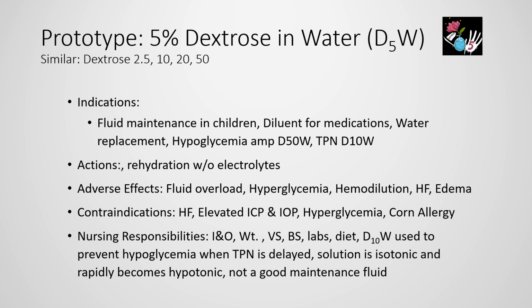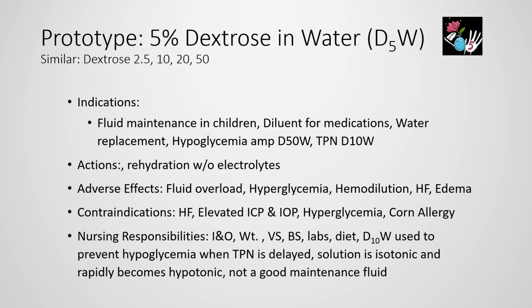So the next one is 5% dextrose in water. So sugary water, 5%. You can make it more concentrated sugar, such as 10% dextrose, 20% dextrose, or even 50% dextrose, which is extremely sugary. So why would we have these solutions of sugar and water?